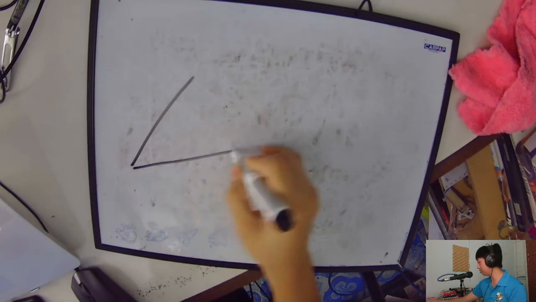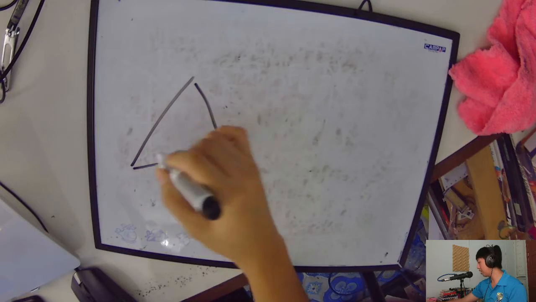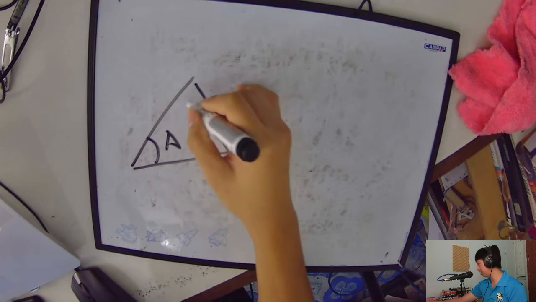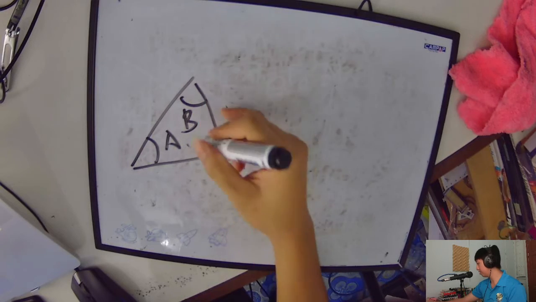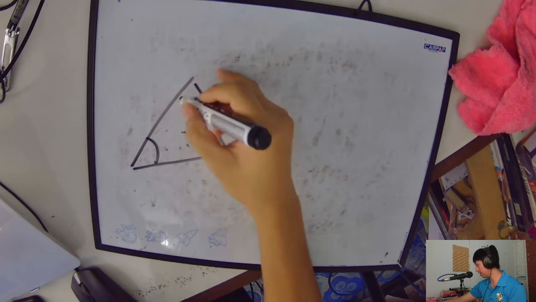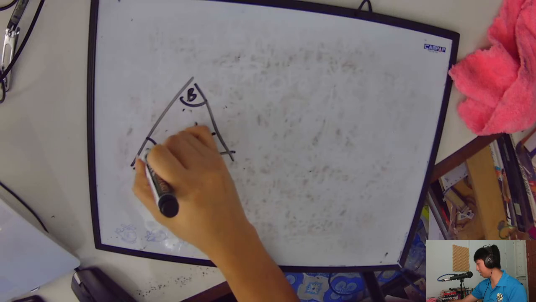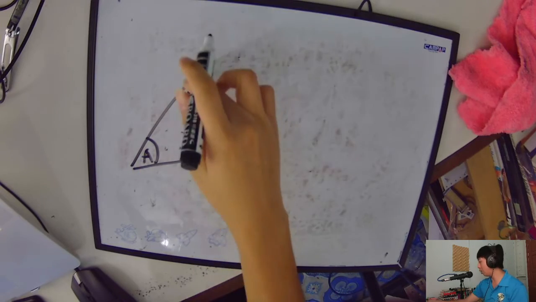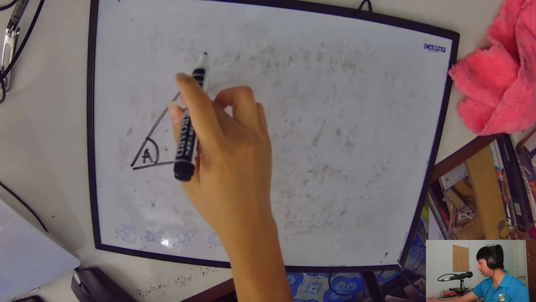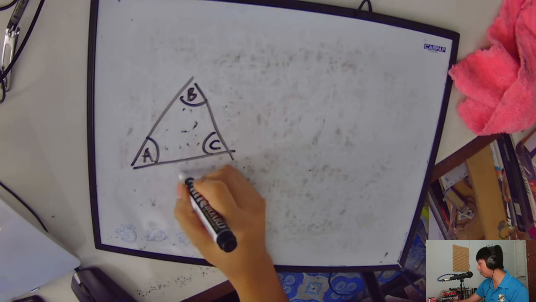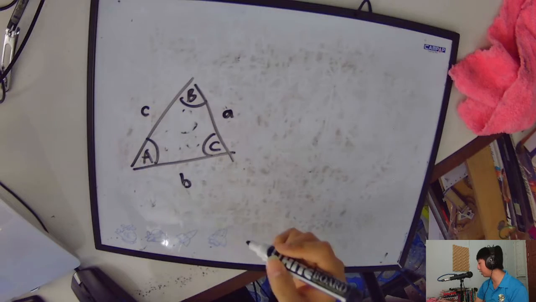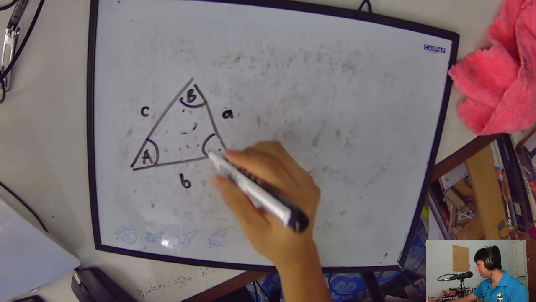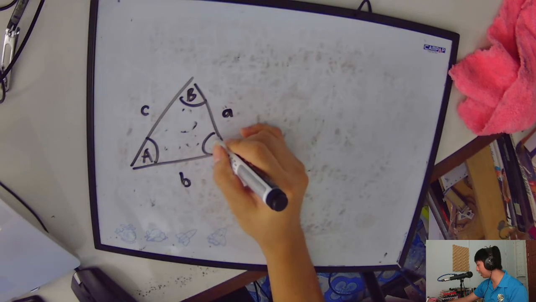If we take a triangle with three sides, we have angle A, angle B, and angle C. Wait, let me draw that nicer. B, A, and C. The side opposite to each angle, we'll call side B, small letter, and we have side A and side C, small letter.